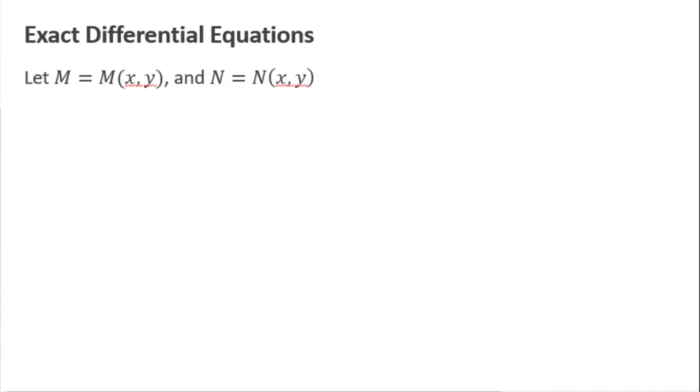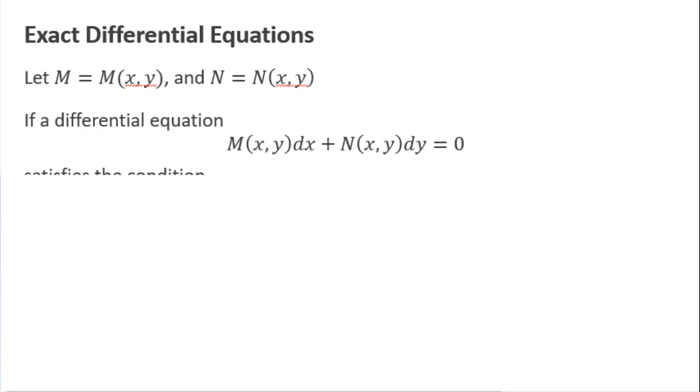So the same as how you modify the differential equation to test the homogeneity, it's just the same with exact DE. So let M be a function of x and y, and N be a function of x and y also.